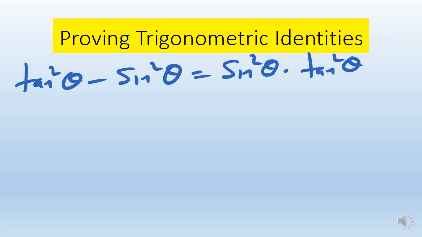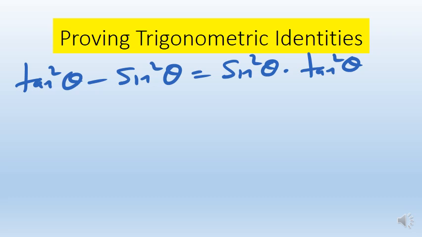So we're presented with another identity to prove: tan squared theta minus sine squared theta is equal to sine squared theta times tan squared theta. Now here's the thing, you can either start off proving the left hand side equals the right hand side, or the right hand side equals the left hand side, not simultaneously, because when you start transferring things, it doesn't work.